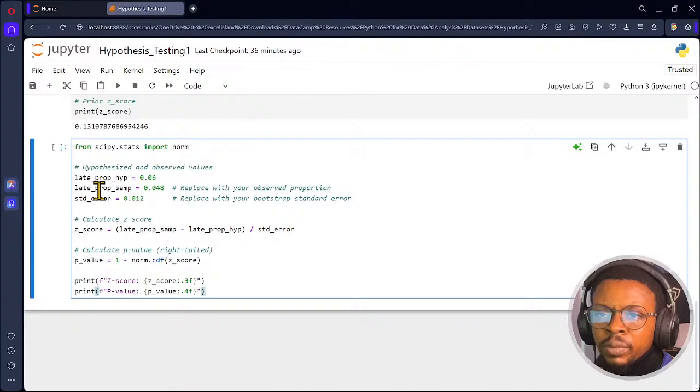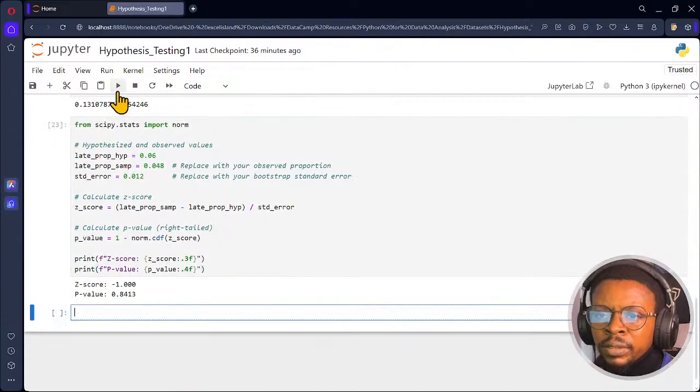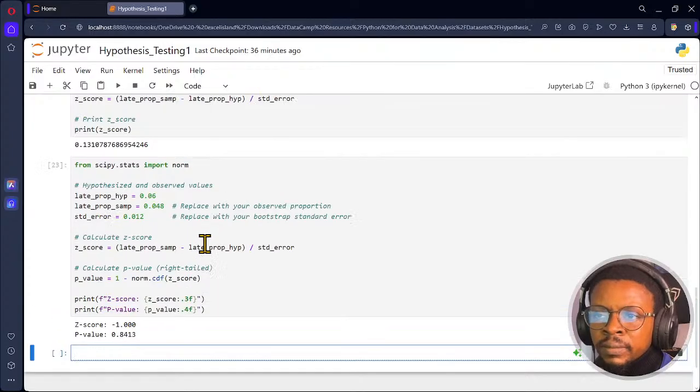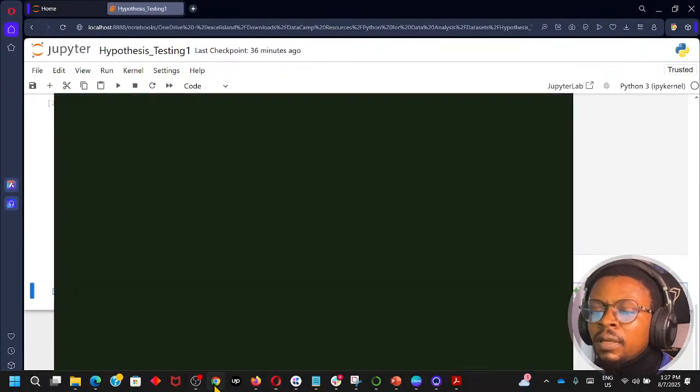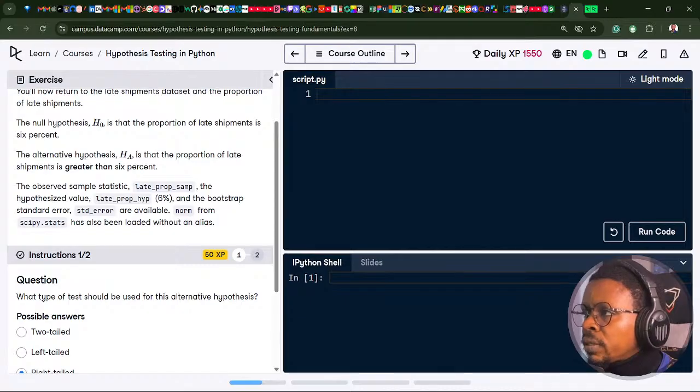So we have our late prop sample and standard error. Okay, so our z-score is 1, our p-value is 0.8413. Interesting. So with that information, what should be our answer?